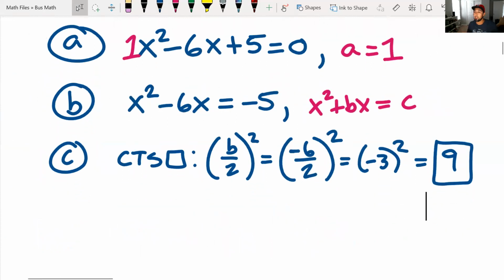We have just done the completing the square process. We have taken half of the middle term's coefficient. We have squared it. Now the next step is to take this number 9 and add it to both sides.